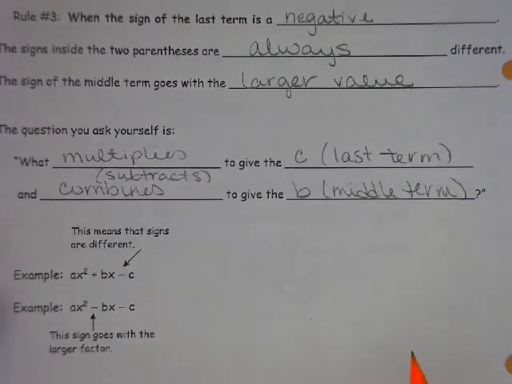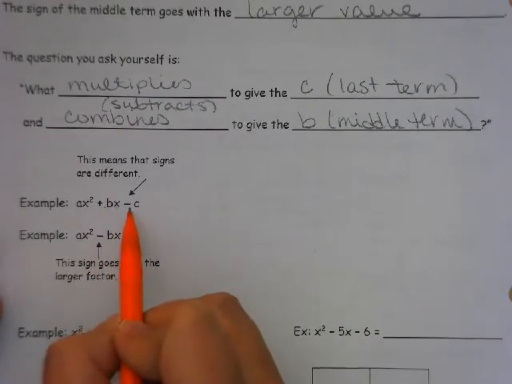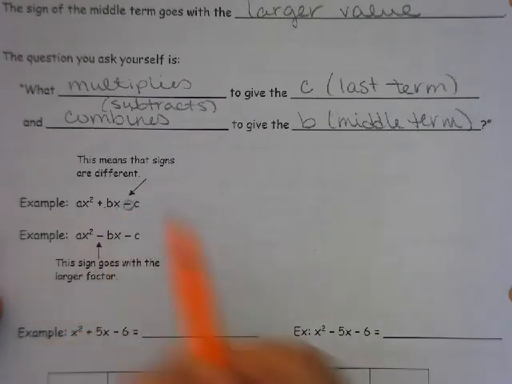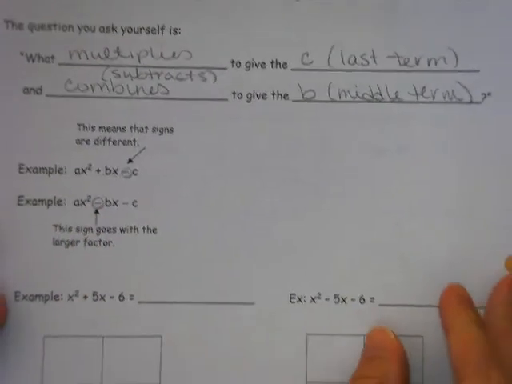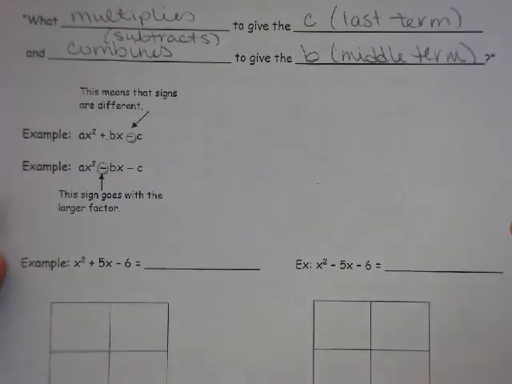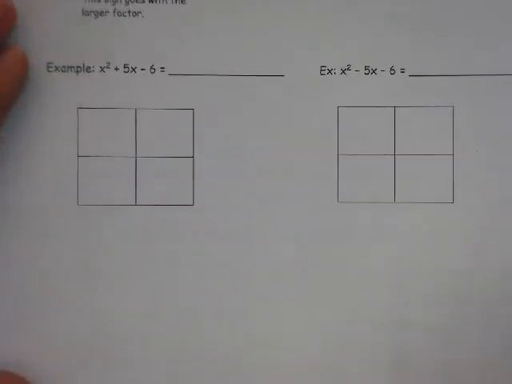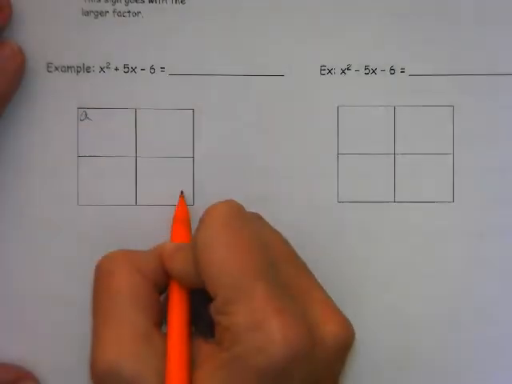So if you look down here, ax squared plus bx minus c, this means the signs are going to be different, right? And this b term tells you what sign goes with our larger factor, okay? So it just depends. So here are some values here. We look at, right, here's a, here's c.